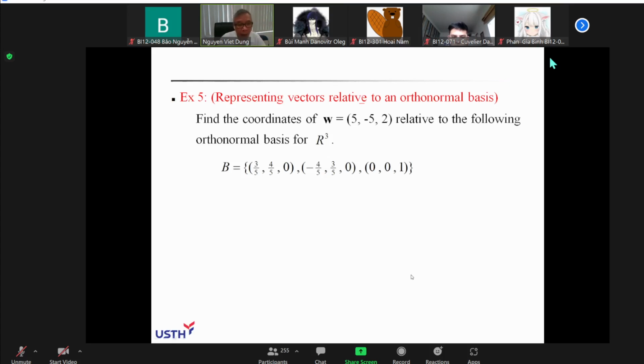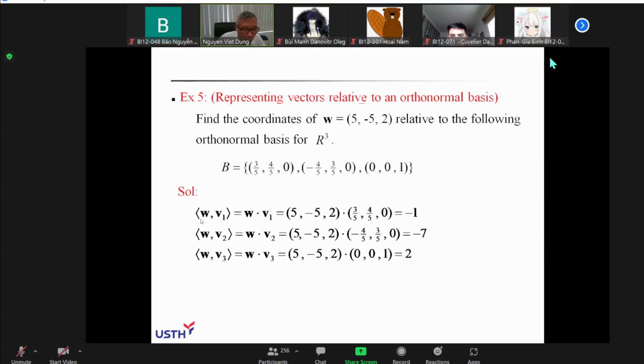And here is an example. We consider a vector W like that in R3. And suppose that in R3, we are given an orthonormal basis like that. That is not the standard basis, that is something strange, a non-standard basis. But we know already the basis is an orthonormal basis. Then if you are required to find the coordinates of W relative to B, it is very easy.